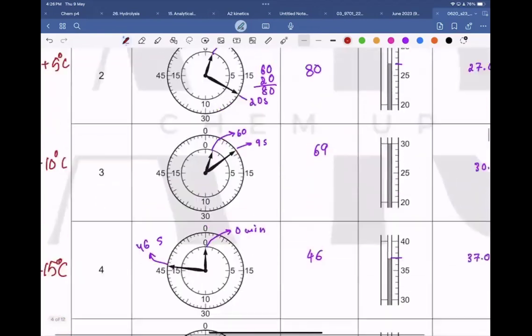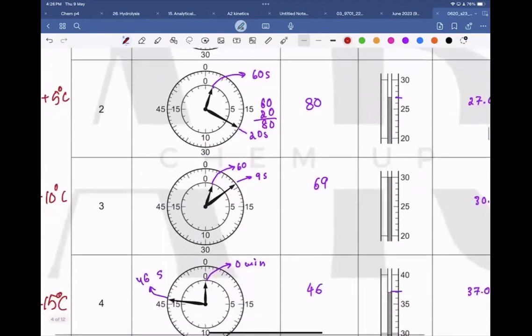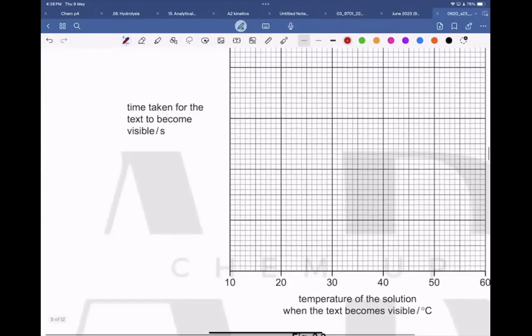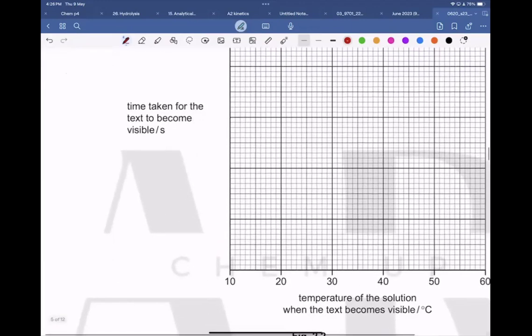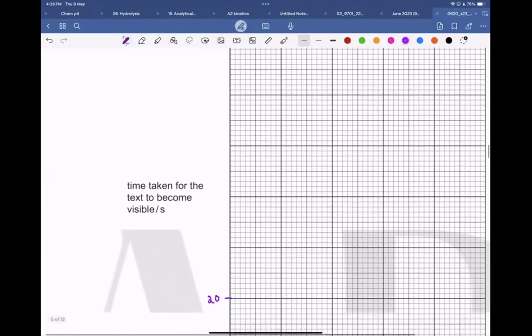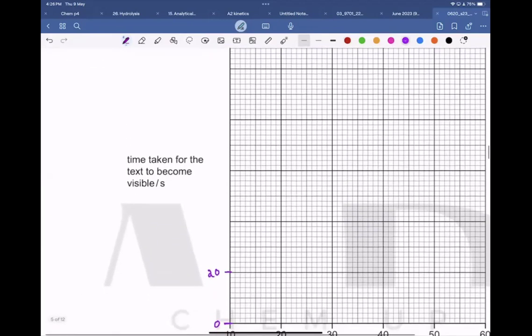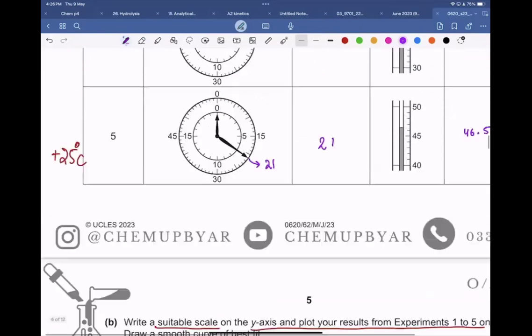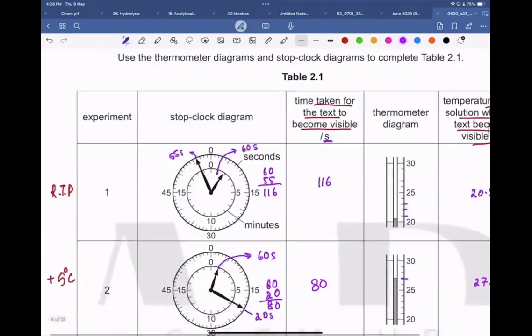So if we see, we have a maximum time of 116 seconds, right? So if I mark this 0 and this as 20 seconds, no, we have a maximum of 116 seconds, okay?